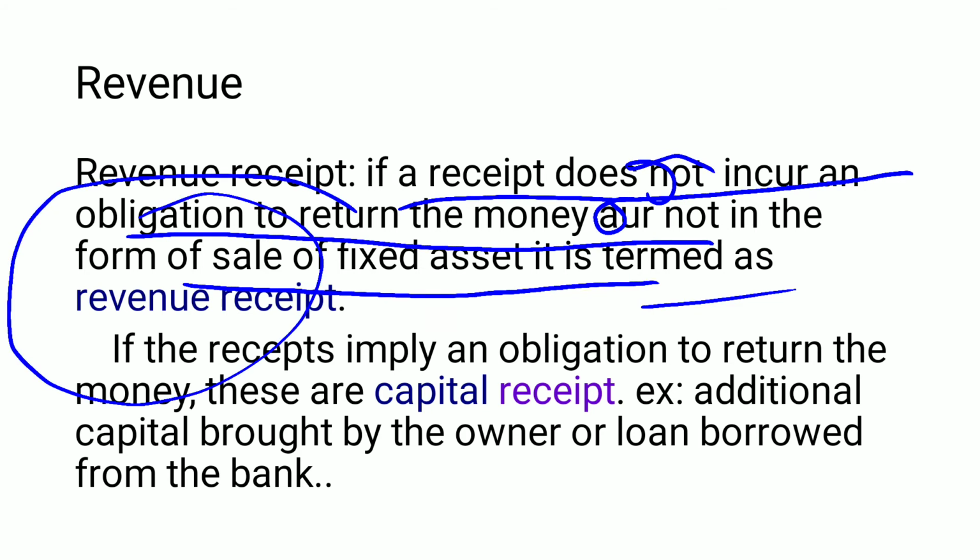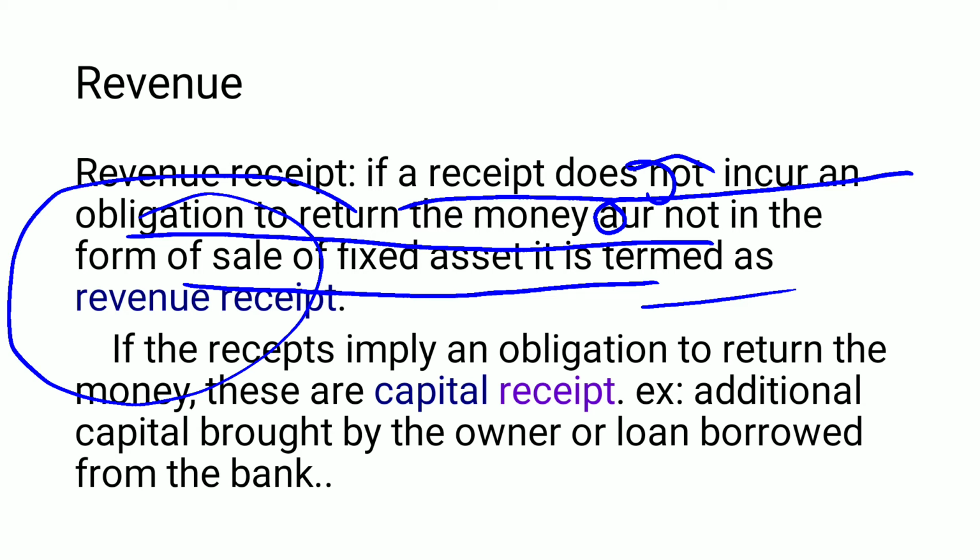For example, a building is a fixed asset, no? After selling a building, if there is no need to return the money after receiving the revenue, then that receipt is revenue receipt. When will we receive the revenue?